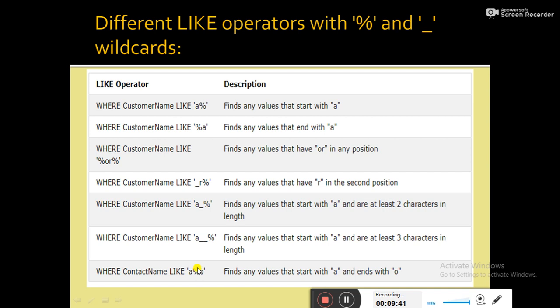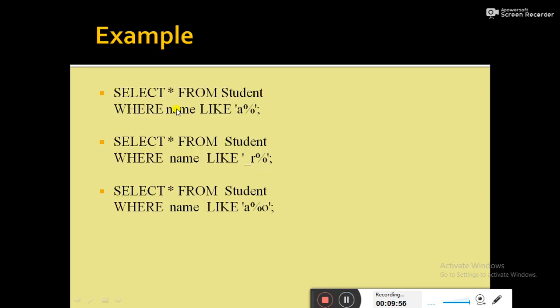How to represent it? With the help of the percentage sign. So A percentage O. That is how we use the LIKE operator with the percentage and underscore wildcards.